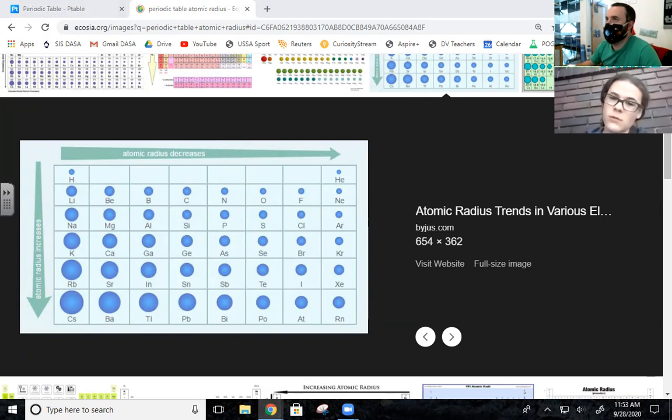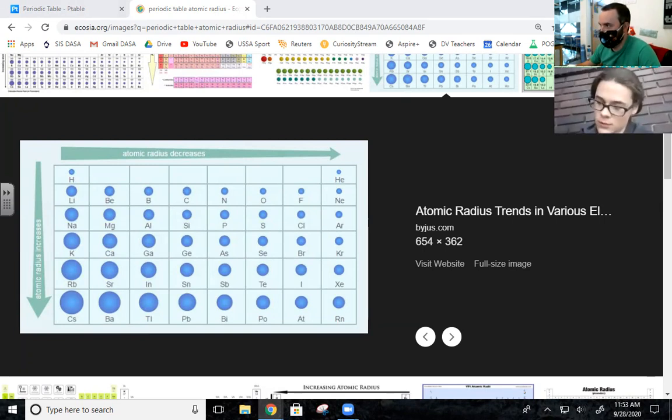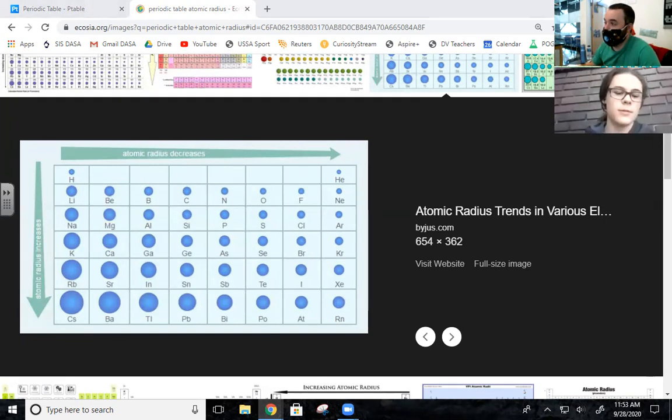When you're trying to figure out the interactions between atoms in a molecule, then you might use the atomic radius, but not all that much. I think that it is important to understand. You would probably only need it when you're talking about really complex, in-detail, interatomic reactions.